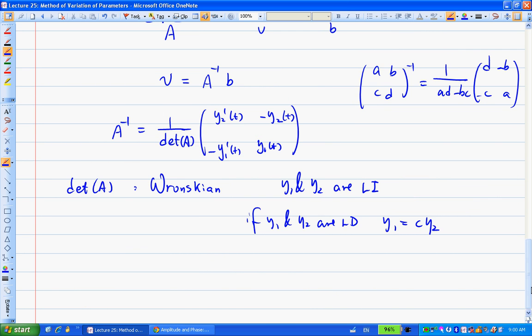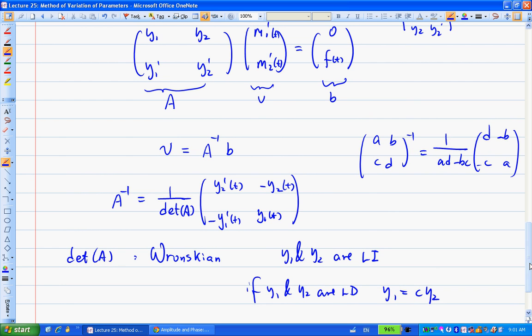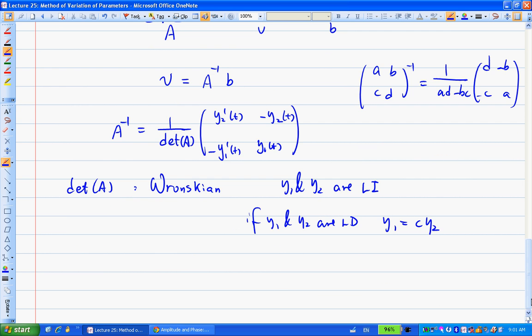So anyhow, let's continue here. We found our A here. We found A inverse multiple that. Okay, so then we're going to be able to calculate our M1 prime and M2 prime, right? So I'm going to call this determinant the Wronskian.